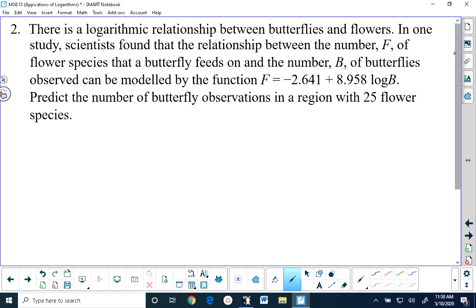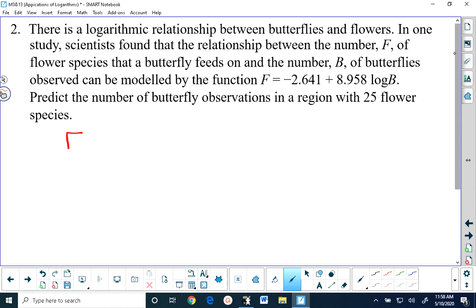Number 2, there's a logarithmic relationship between butterflies and flowers. In one study, scientists found that the relationship between the number of flower species in a particular region and the number of butterflies they see is given by that equation.